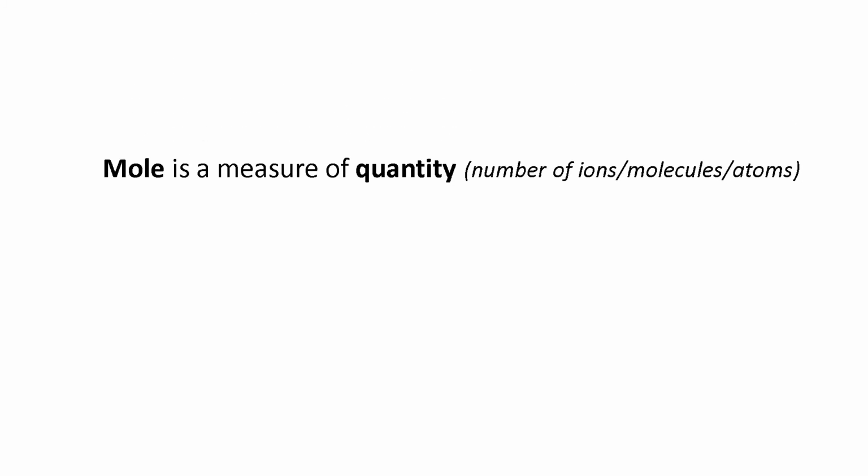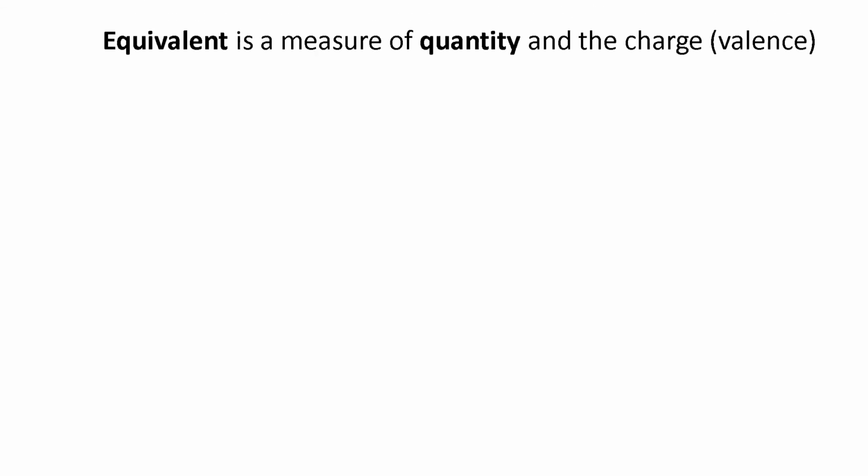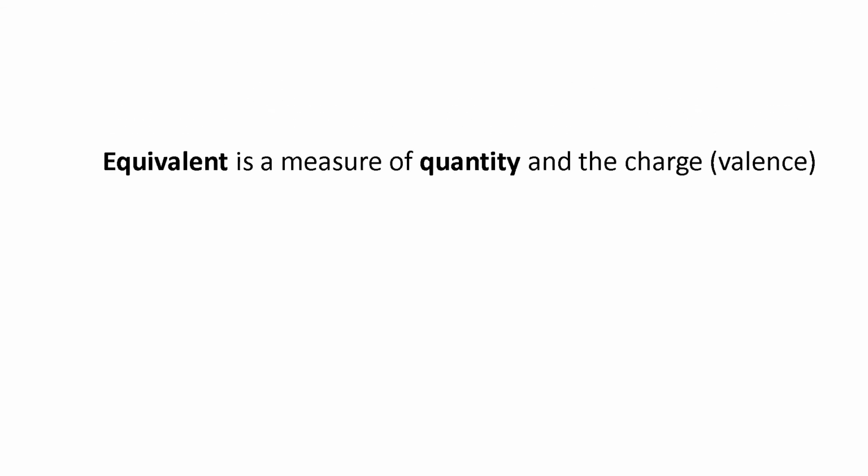Let's have a quick recap of what we studied. Just a brief summary. Mole is a measure of quantity, that is the number of ions or molecules or atoms that are there in a solution. Mole is equal to total weight of the substance in grams divided by the weight of 1 mole of the substance. Whereas equivalent is a measure of quantity and the charge, that is the valence.